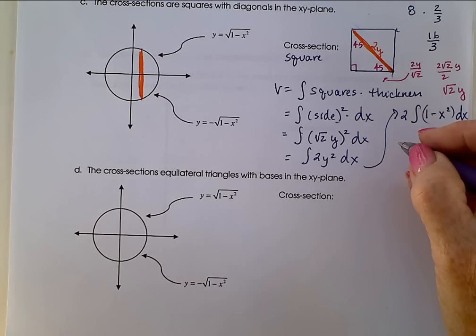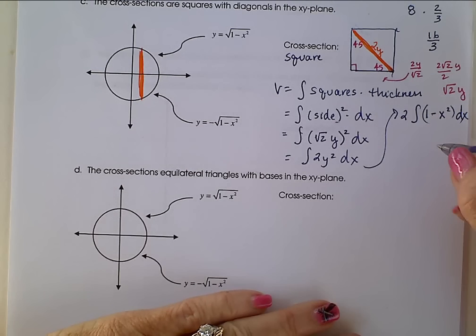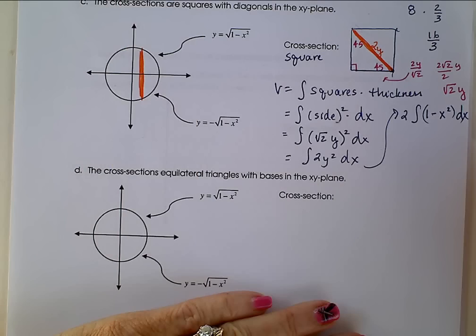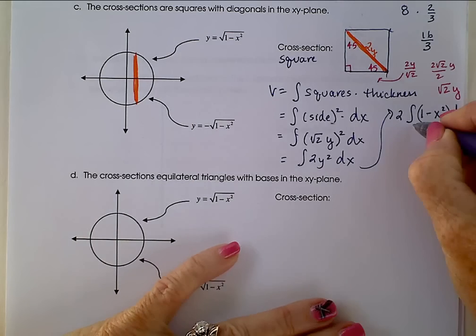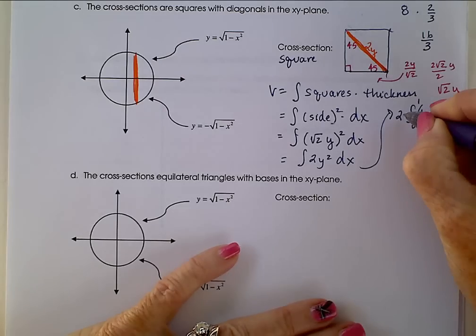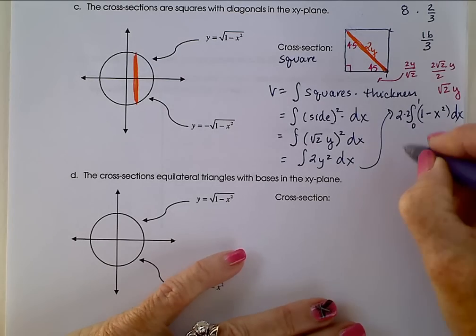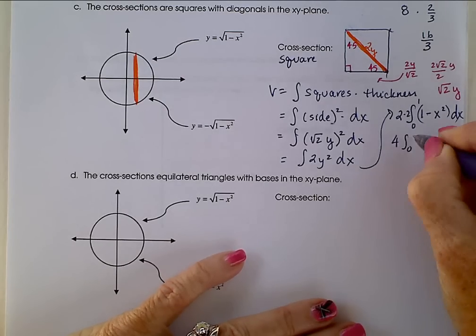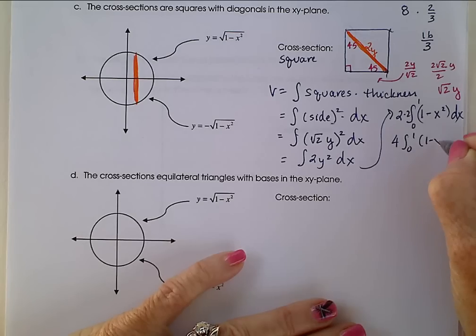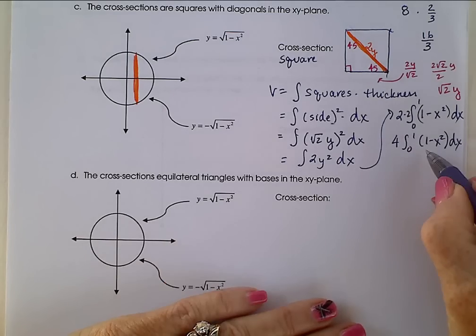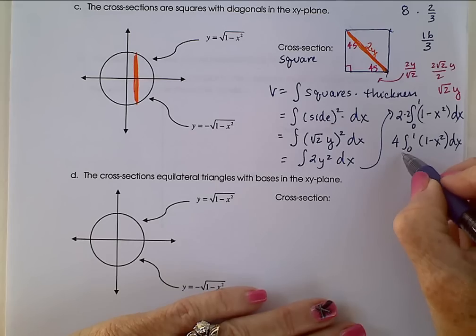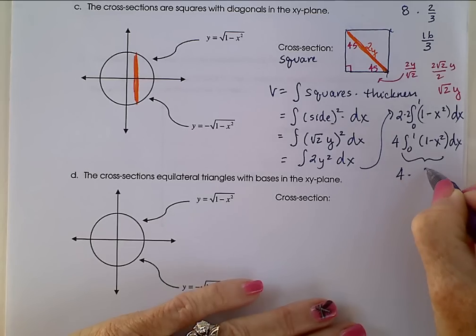Bounds, same idea because we're still slicing, same starting point, same ending point, so let's go from 0 to 1 and double this. So we have 4 times this integral from 0 to 1 of 1 minus x squared dx, and this was 2/3, so we have 4 times 2/3, or 8/3.